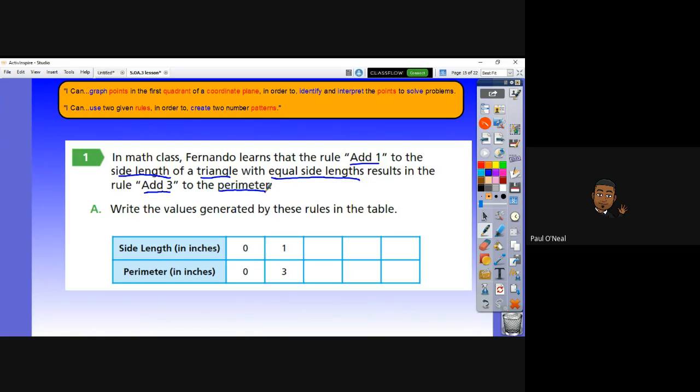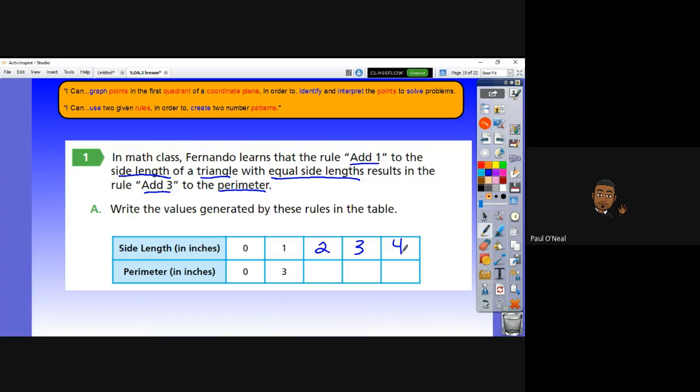If you're not traveling anywhere, if there are 0 side lengths, there's nothing to go around. But if we have 1 side length, then the rule add 1 could then go here, which would be 2, because 1 plus 1 is 2. Add 1 to that, we would get 3. Add 1 to that, we would get 4. Okay. So now we figured out the different amount of side lengths, and we could, of course, keep going.